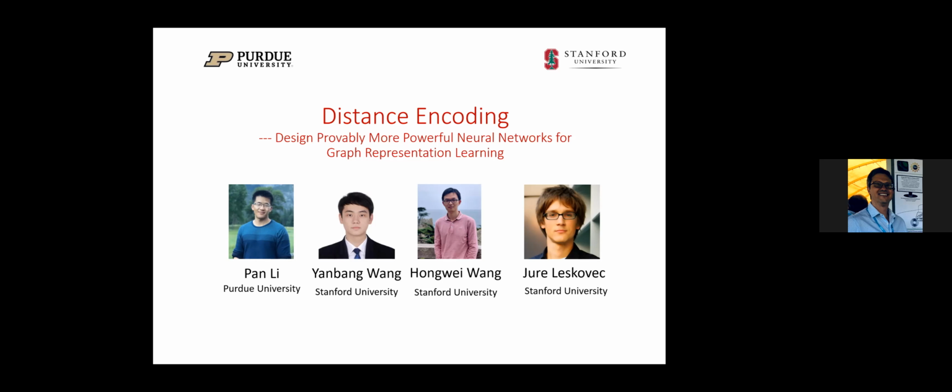Now let's continue. First, in case some of you are not familiar with graph representation learning, let me introduce it a little bit. Graph structured data is everywhere. However, because of its discrete and irregular structure, graph structured data sometimes is hard to use directly.